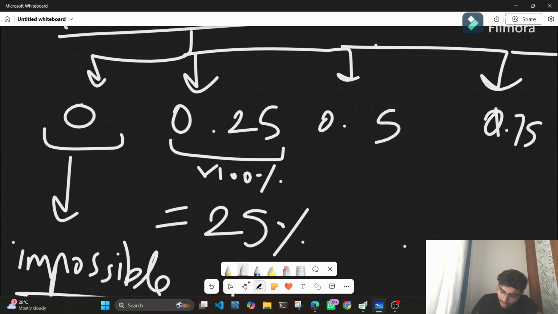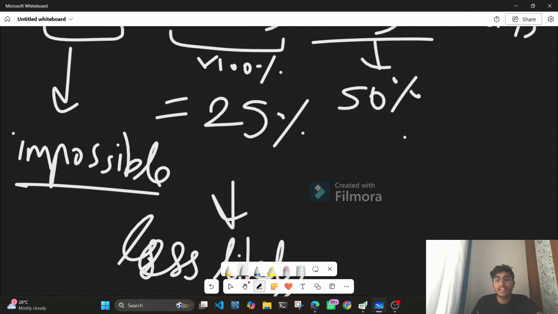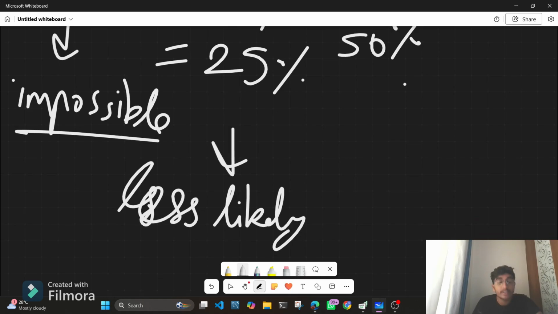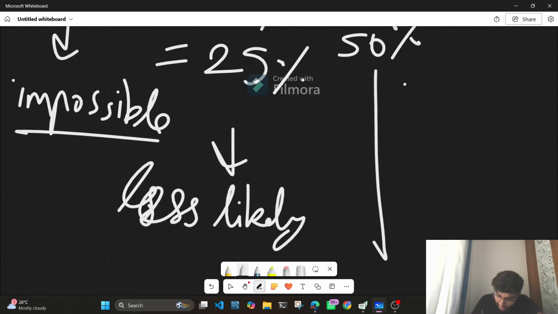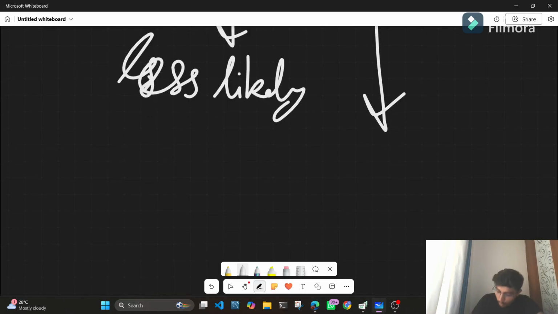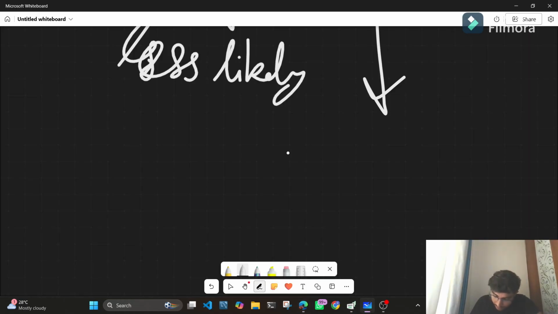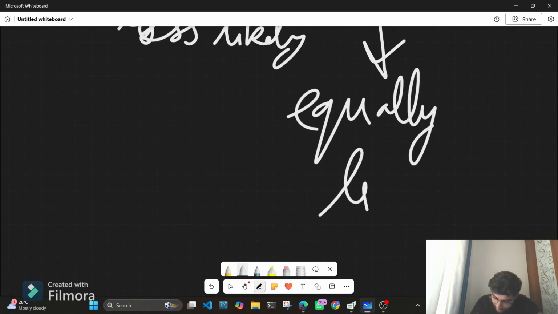Now, if I multiply 0.5 with 100, I get 50%. If I say I have a 50% chance for an event to happen, there are 50% chances that you will win tomorrow. Therefore, there are 50% chances that you are going to lose tomorrow, right? So both are likely, and we can refer to it as equally likely, because any of the cases can happen.